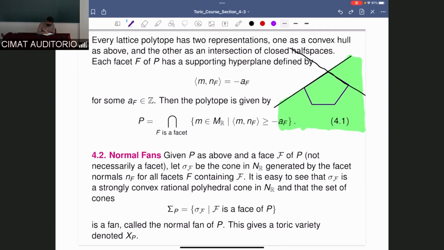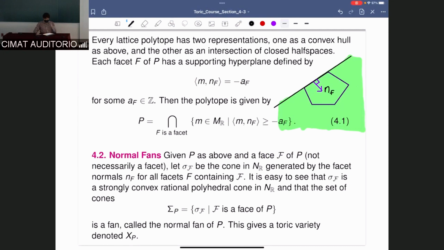But then let's think for a second what data we got over here. From that half space, there is this boundary here that is defined precisely by our NF. That one is perp to our NF. Let me do that guy over here. I guess you can imagine this perp is not too perpendicular over there, but I guess it's okay. So, perpendicular enough. So, we have our NF over here.